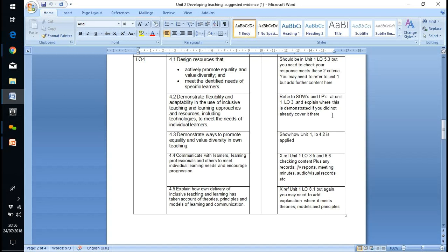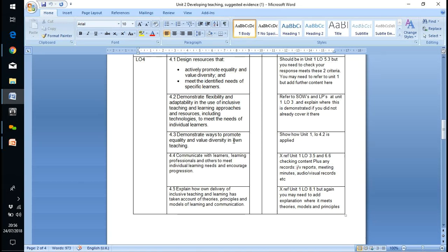Demonstrating flexibility and adaptability is one of the questions on your teaching observation sheet, so you will be able to refer to teaching observations. You can just add on there, please refer to teaching observation appendix such and such, and that will then cover that demonstrate fully.